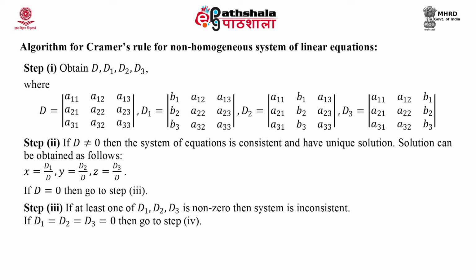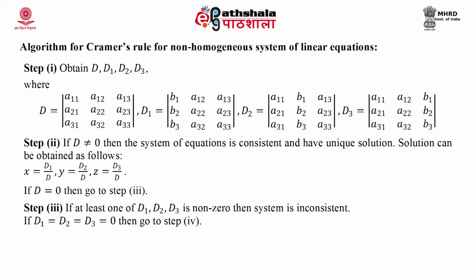Now, for a system of 3 simultaneous linear equations in 3 unknowns, if D is non-zero, then the given system of equations is consistent and has a unique solution, and the solution is given by x is equal to D1 by D, y is equal to D2 by D, and z is equal to D3 by D. If D is 0, that is, the coefficient matrix determinant is 0, and also D1, D2, D3 are 0, that is, determinants D1, D2, D3 also vanish, then the given system of equations may or may not be consistent.